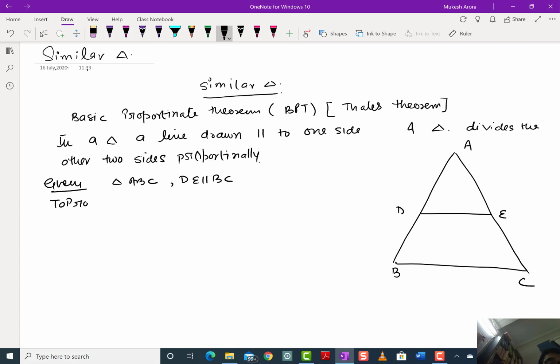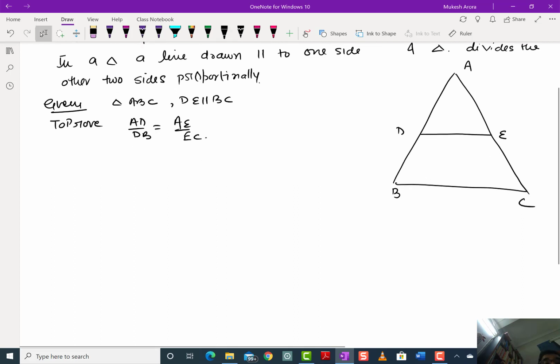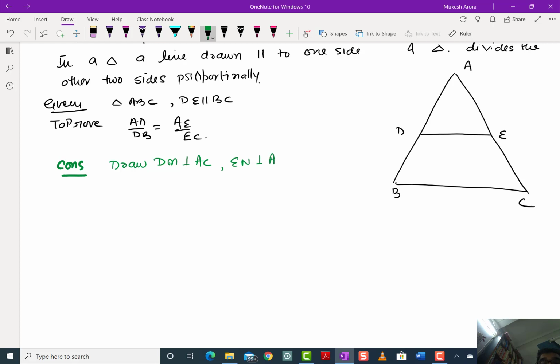Prove that AD upon DB is equal to AE upon EC. Construction: draw DM perpendicular on AC and EN perpendicular on AB, and join BE and CD.